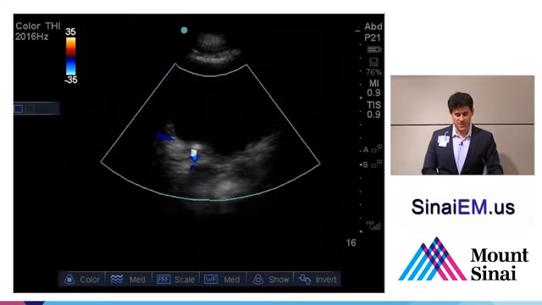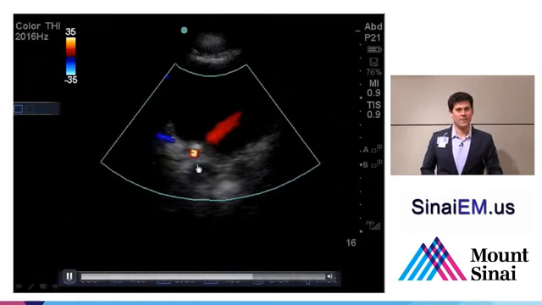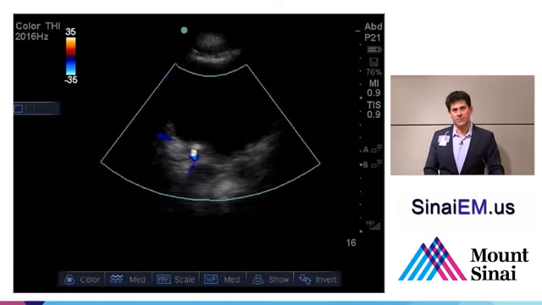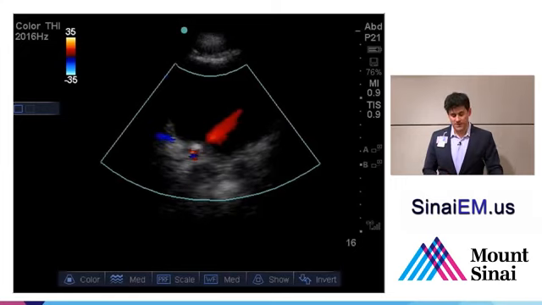So two signals here that you're looking in the right spot, meaning the UVJ, because there's a jet coming out of there, and that this hypoechoic area with some speckling is likely to be a stone. This stuff is a little bit more complicated. Again, we're typically going to make the diagnosis of stones in the right clinical environment without many other dangerous things in the differential besides renal colic in a patient with a pretty typical presentation who has hydronephrosis on the affected side.